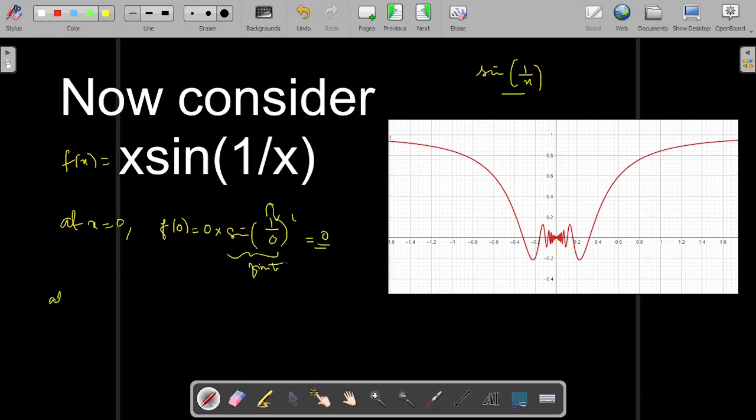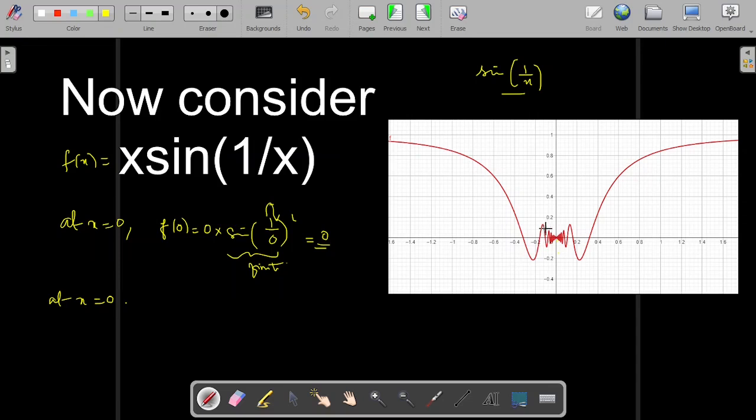Similarly, at x equal to 0, you have to check the continuity of the function. Is it continuous? Earlier there were infinite, rapid oscillations. Now those oscillations get dampened, due to which you could define the value of the function at x equal to 0. The factor x, which is multiplied with sine of 1 by x, acts like a hammer.